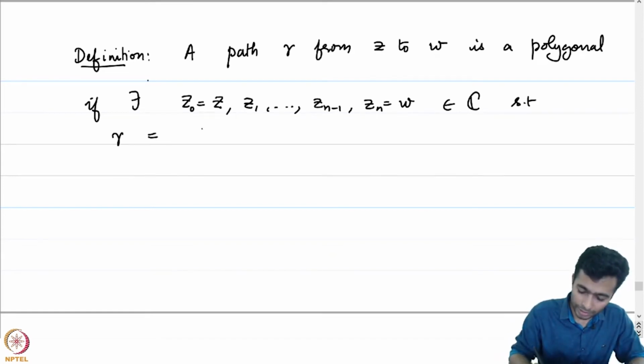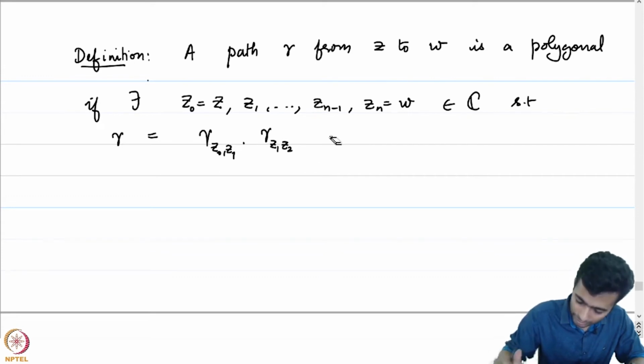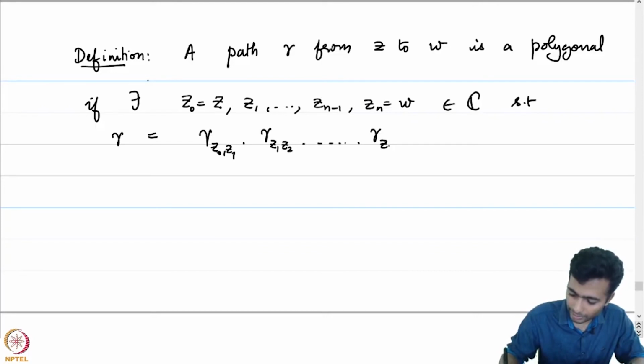gamma is obtained by, let me write it like this, gamma z0 z1 concatenated with gamma z1 z2 concatenated with all this, and finally gamma zn minus 1 zn.